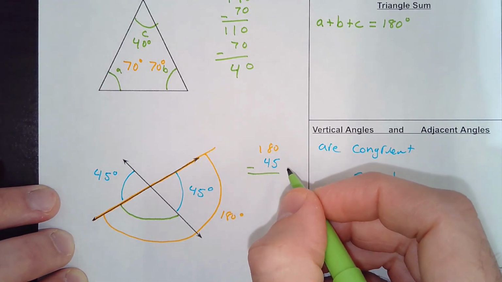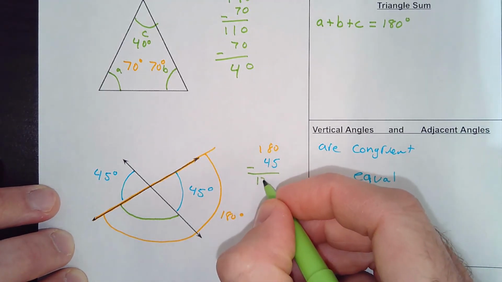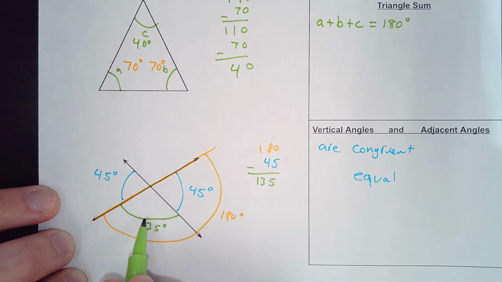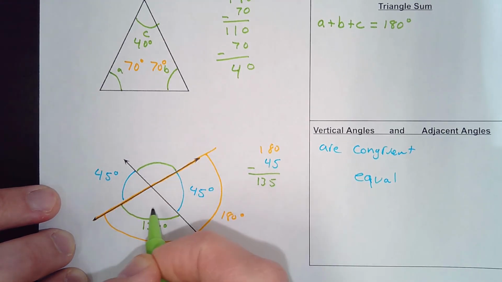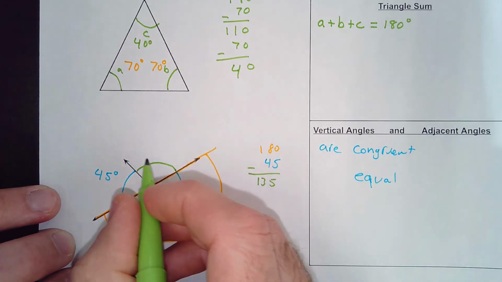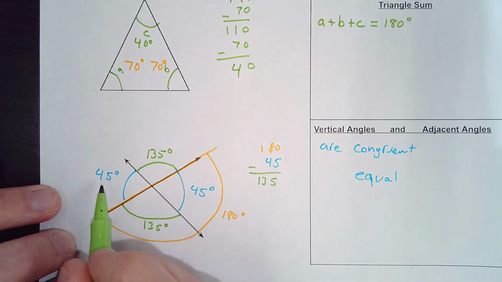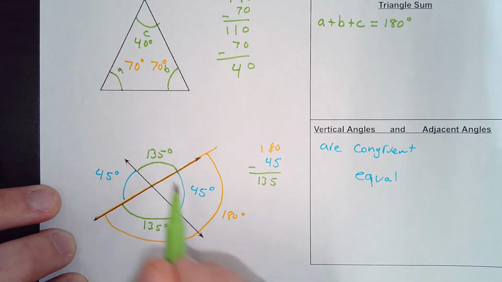Subtract. What do we get? We get 135 degrees. Now, this angle is directly across from this, so those are called vertical angles. And that's also 135 degrees. So in this situation, we could be given just one angle and find all four of these angles based on that one angle that's given to us.